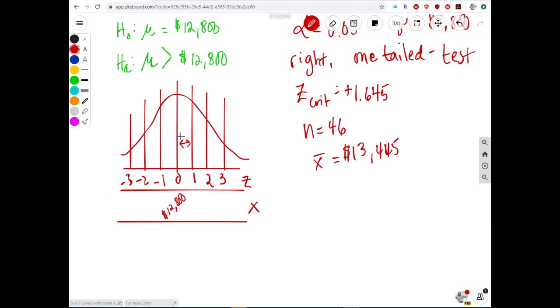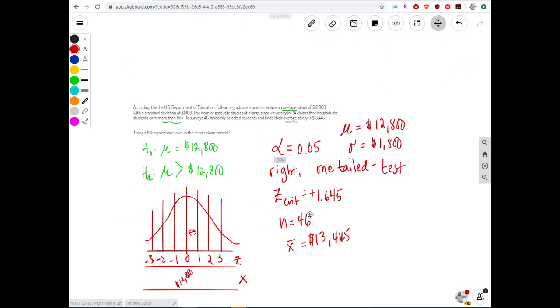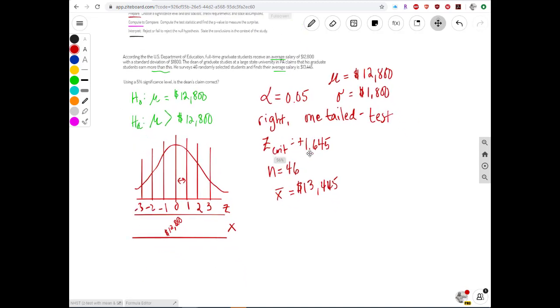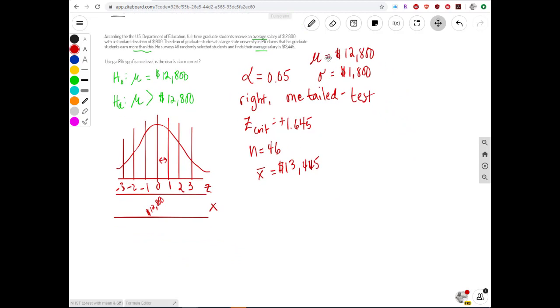So I don't have anything in my question, I don't believe, that tells me that my information is normally distributed. No, so I've got to apply the conditions of the central limit theorem for means. So this one's a little bit different than the ones for proportion. First, you need things to be randomly selected and independent.